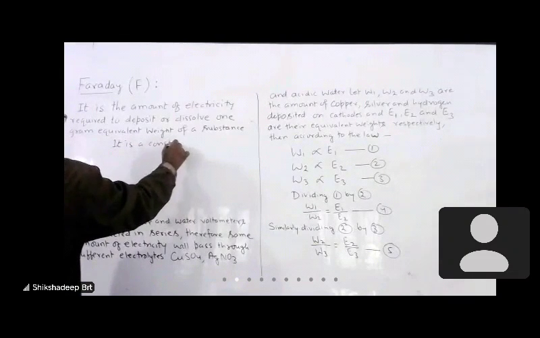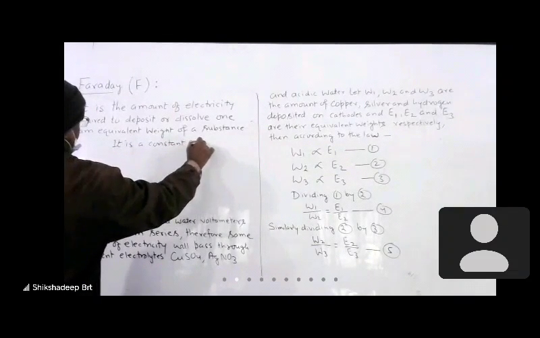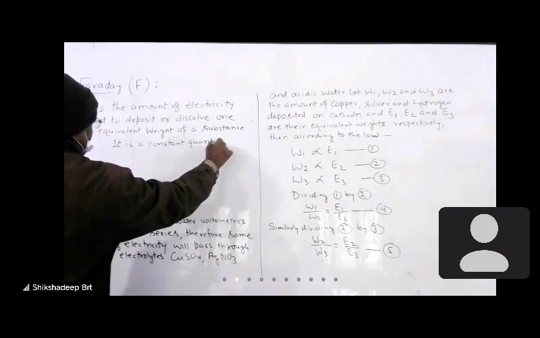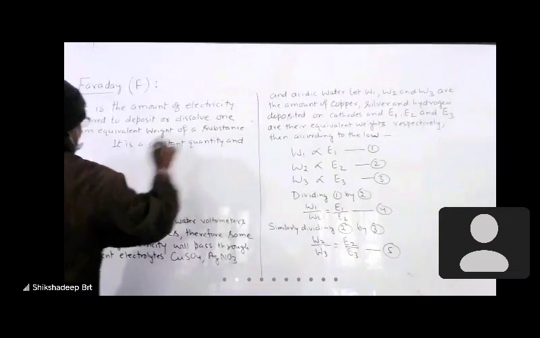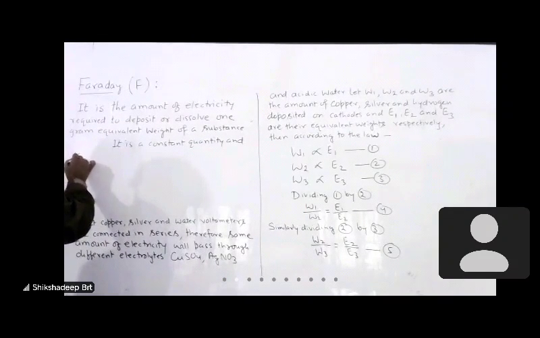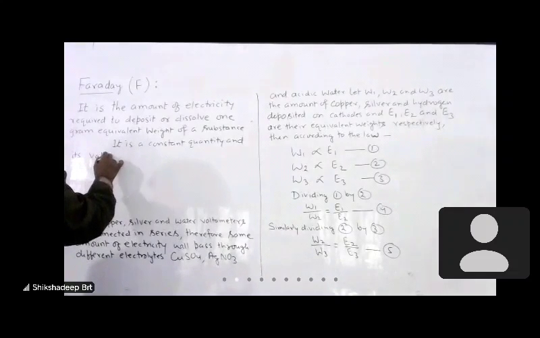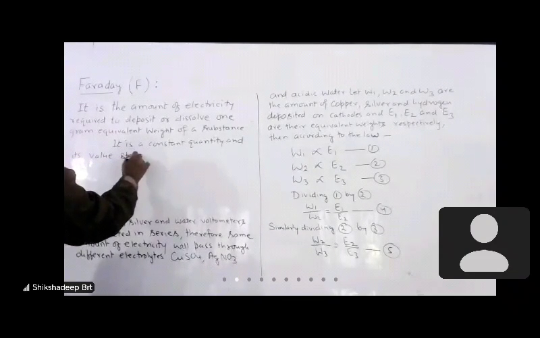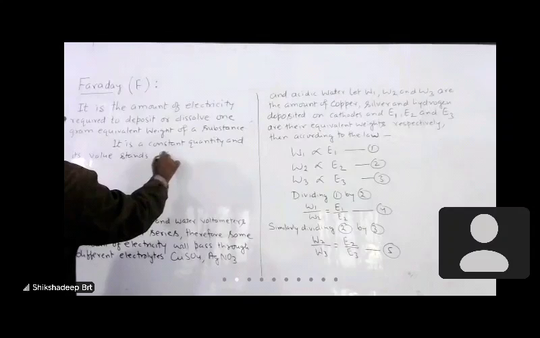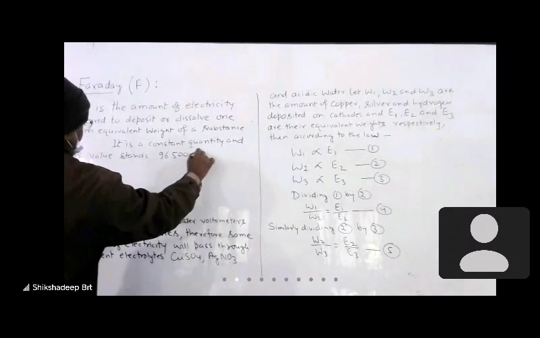It is a constant quantity and its value stands at 96,500 coulombs.